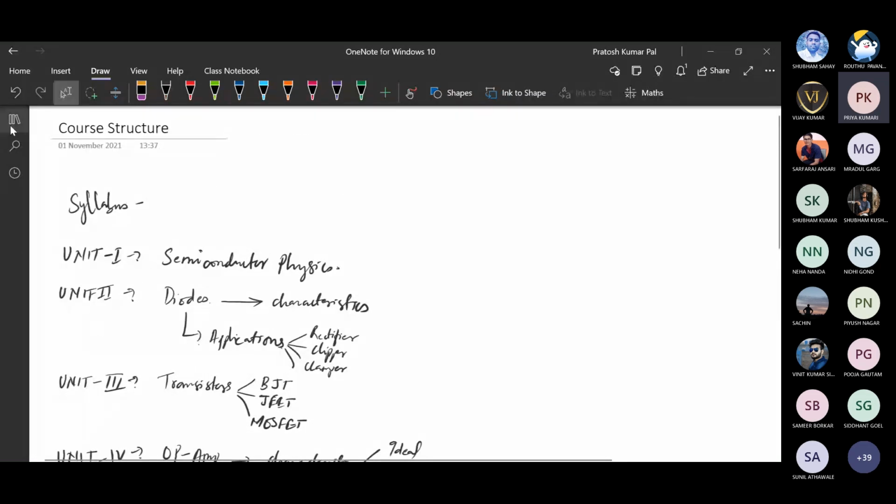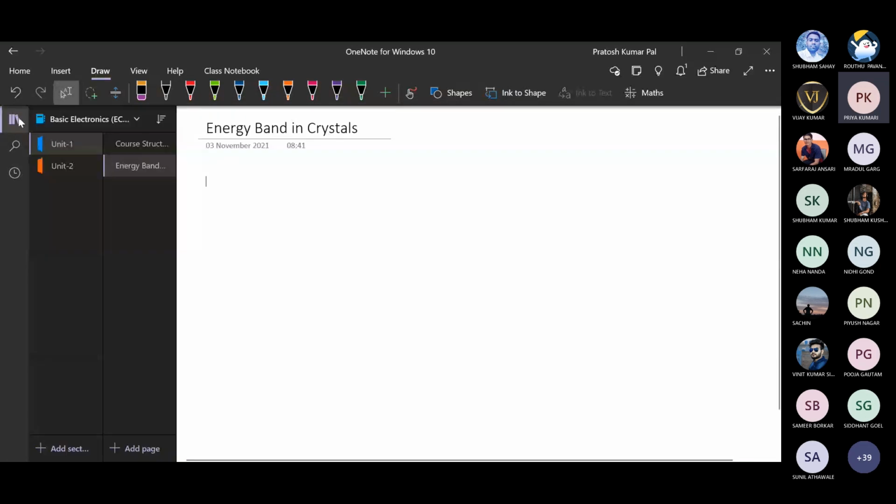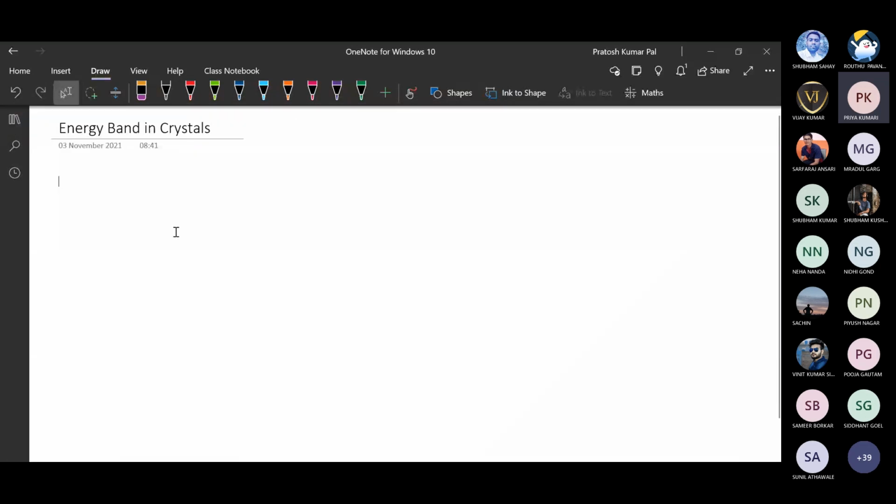So now we will start the first unit, the introduction to basically the device physics. In that we will see basically the energy bands in crystals. So here we start with this topic. We will be starting with different concepts that you will be requiring throughout this course.